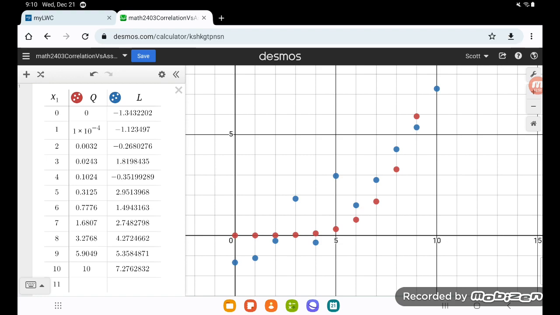Okay, so you see, if I'm really after what is the relationship between these two variables, say x1 and q or x1 and L, then I really want to talk association, not correlation. If I go on and on about the correlation of the red data, I'm just wrong.